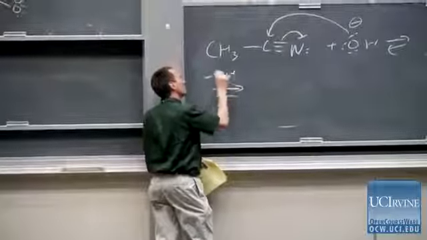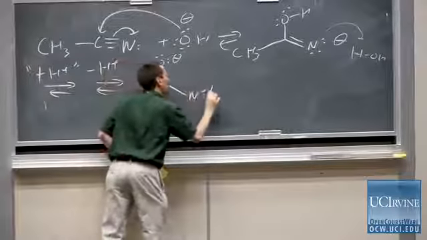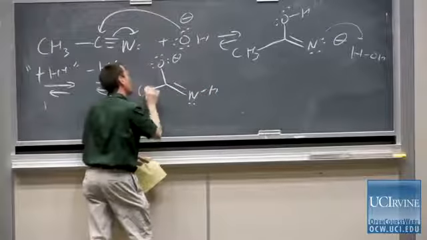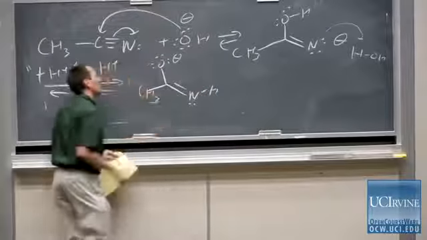You can think of this as minus H+ as the next step. Again, we've got a lot of tedious proton shuffling in the mechanism at this point, and I'm abbreviating things a little bit. One thing to keep in mind, again, is this theme where nitrogen-carbon double bonds are very similar to carbon-oxygen double bonds.